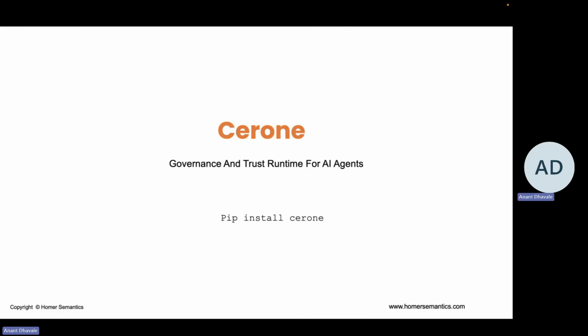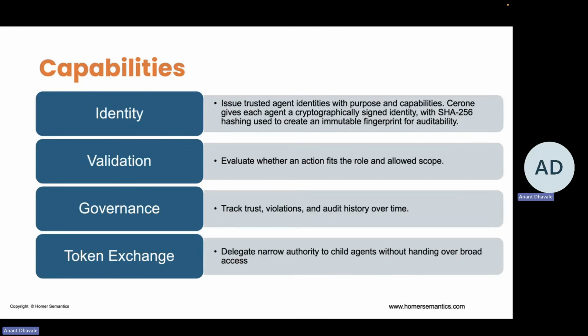As part of this demo, I'm going to use an N8N workflow to show how Cerone gives AI agents cryptographic identity, delegation, validation, lineage, trust scoring, and auditability.